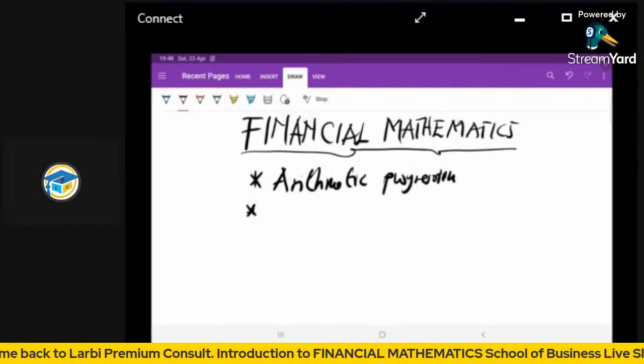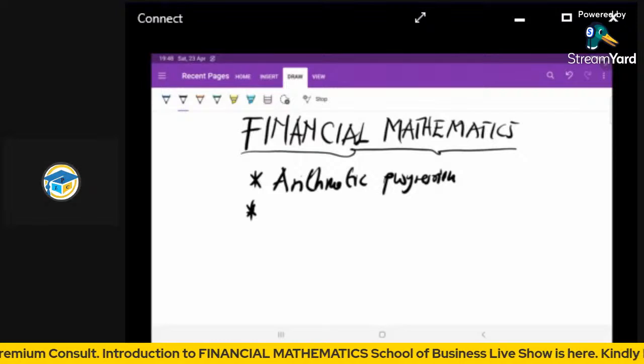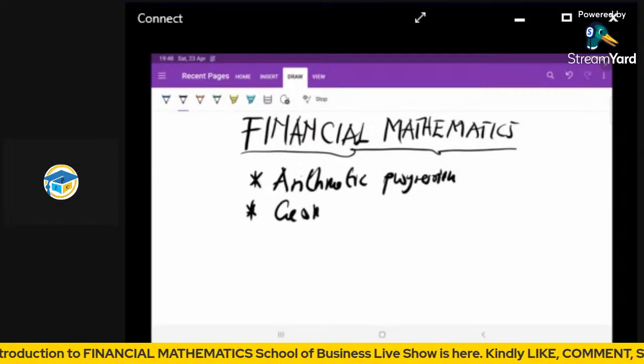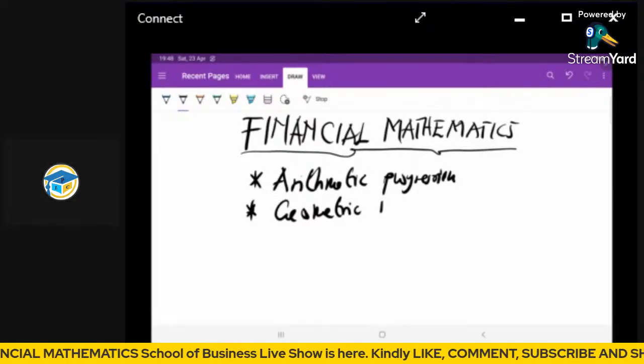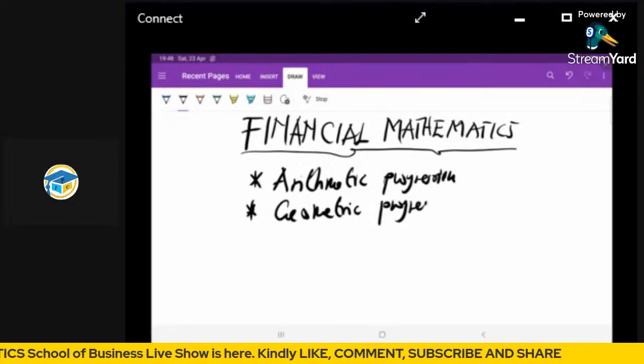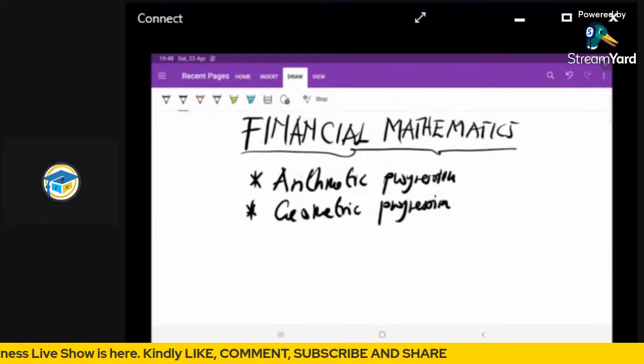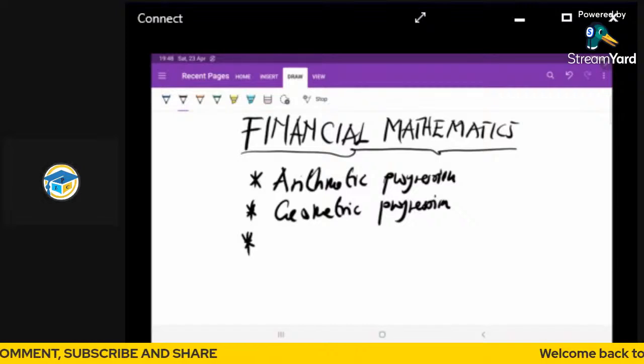Then we'll also be looking at the other brother called geometric progression, and other mathematical models that help us to make financial decisions and solve financial problems.